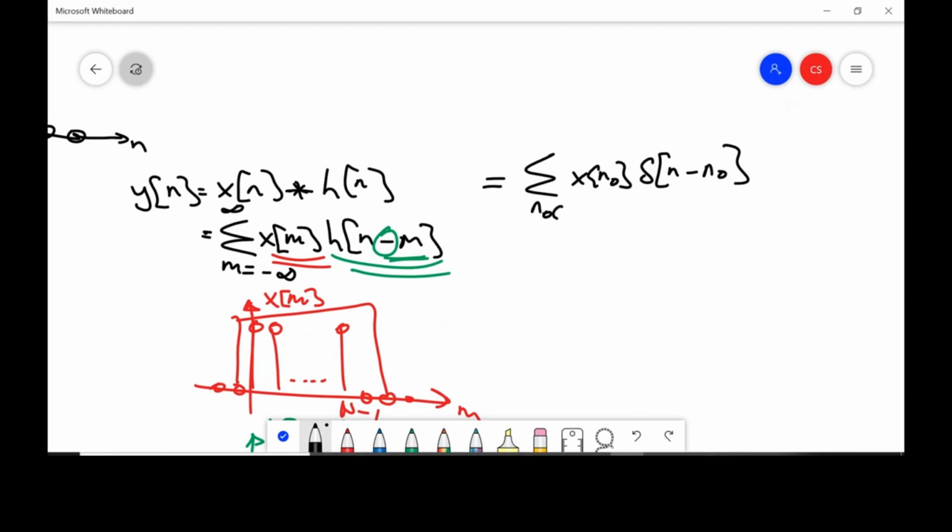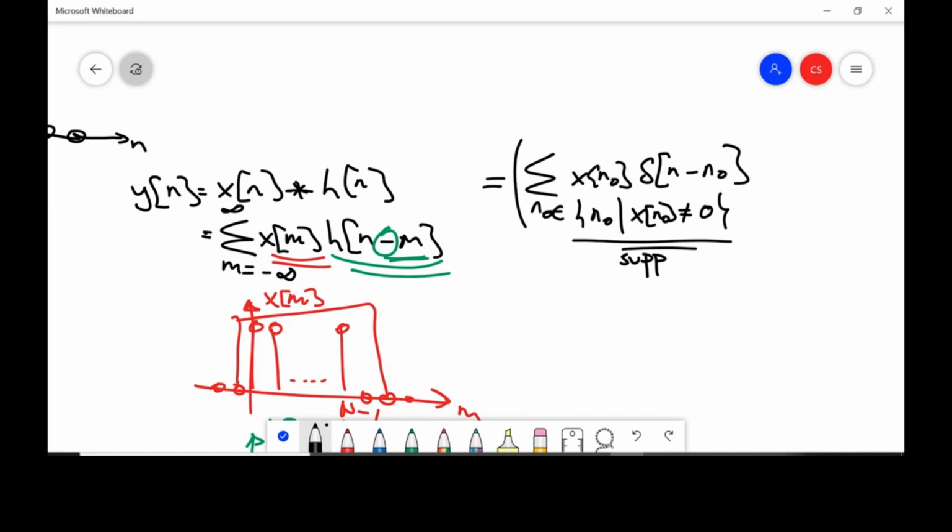So n0 belongs to all the locations such that x of n0 is different from 0. But this is the definition of the support, right? So this is the support of x. It is the set of locations where the signal is different from 0.